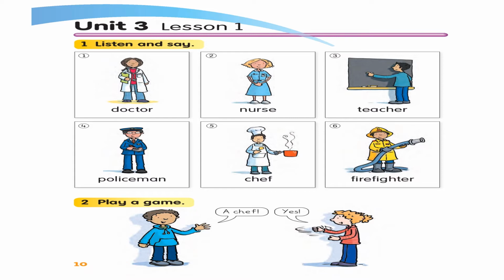The teacher, like me, I'm your English teacher, teaches us at school. Policeman, for example, my dad is a policeman. We see policemen on the roads, helping people how to go.